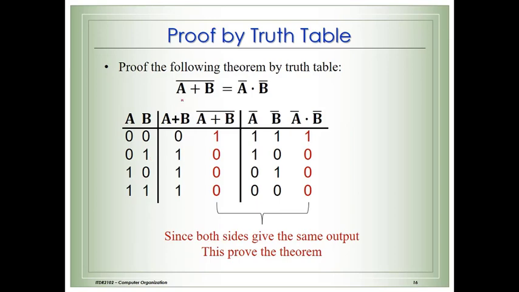So we require A OR B first: for 0 0 it is 0, for the others 1, 1, 1. Then we perform its NOT, means NOR operation on these. It was 0, so it becomes 1; it was 1, so it becomes 0; 1 to 0 and 1 to 0, right? So we have got this value here, correct?